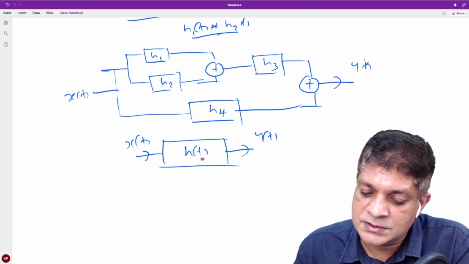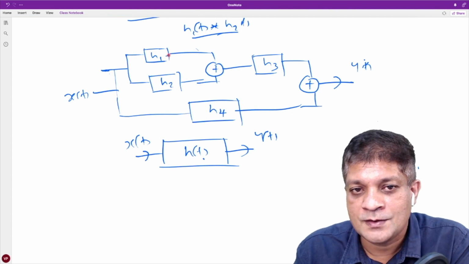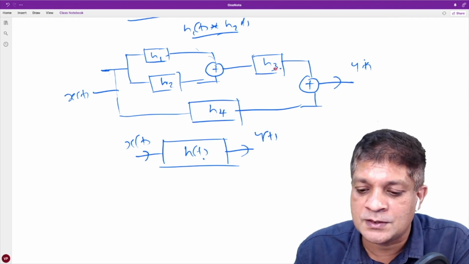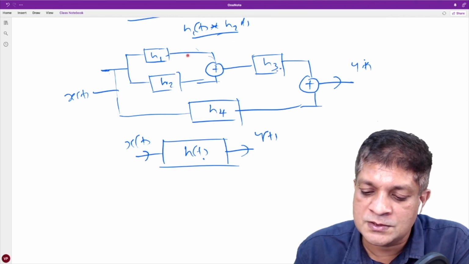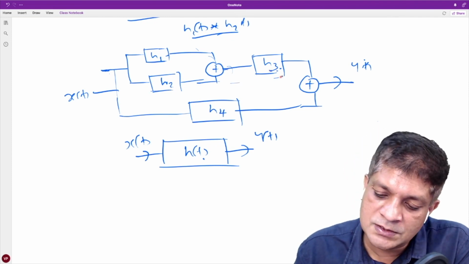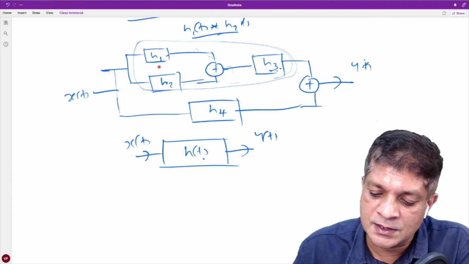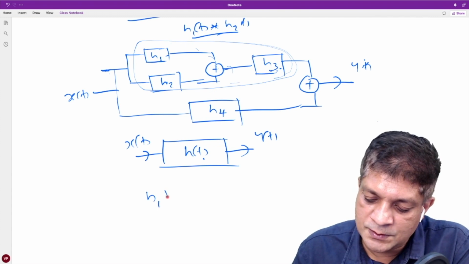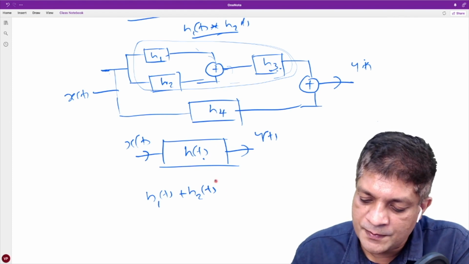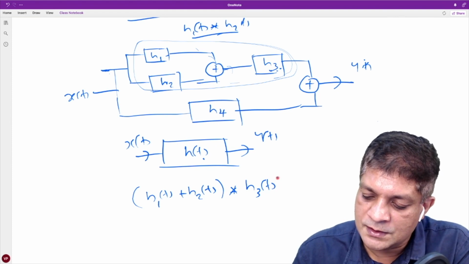Now, what is this h(t)? h1 and h2 are in parallel. That parallel combination is in series with h3, because the sum of these two is given as the input to h3. So the impulse response of the parallel combination is h1(t) plus h2(t), then convolution with h3(t).